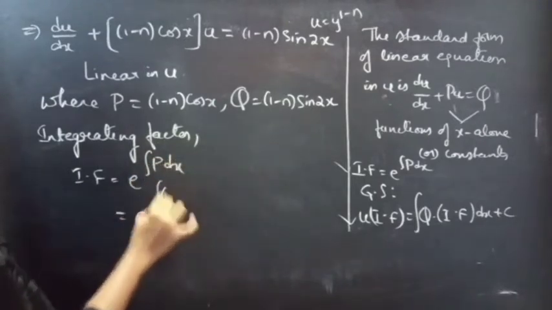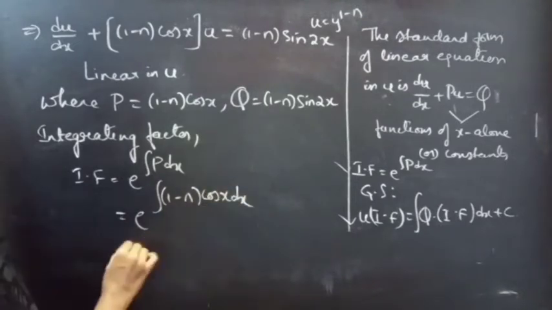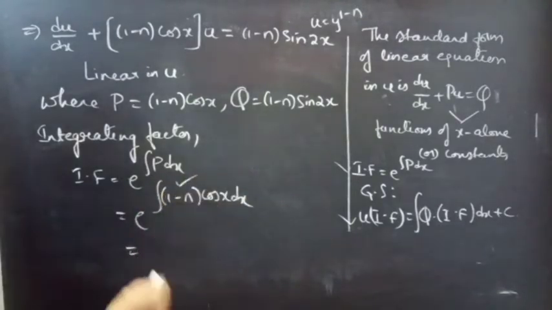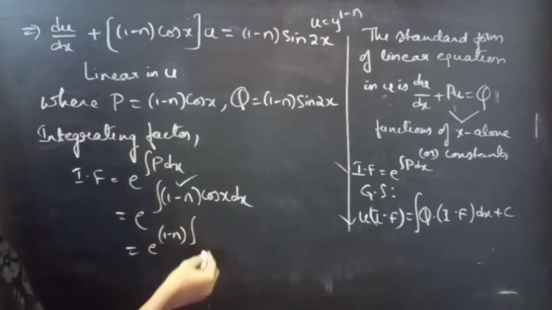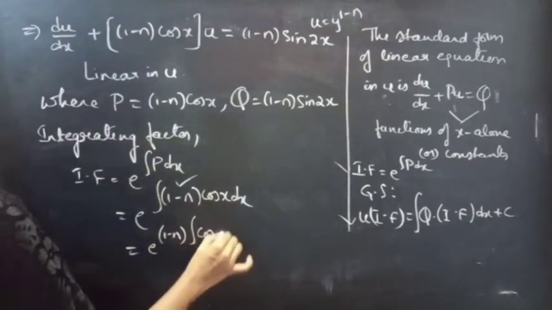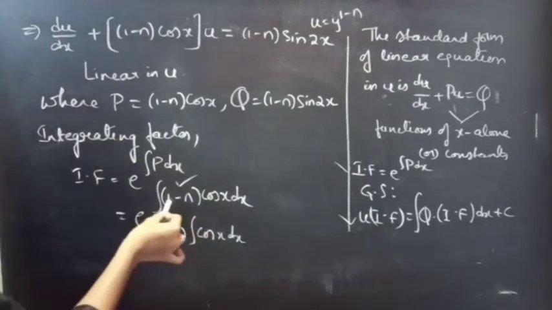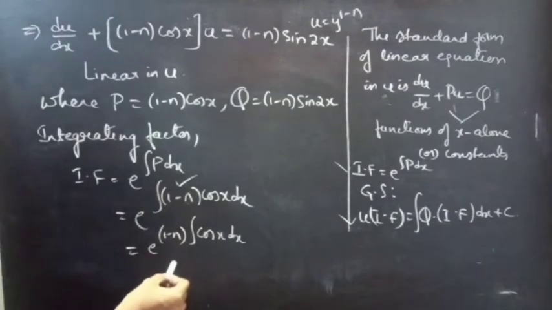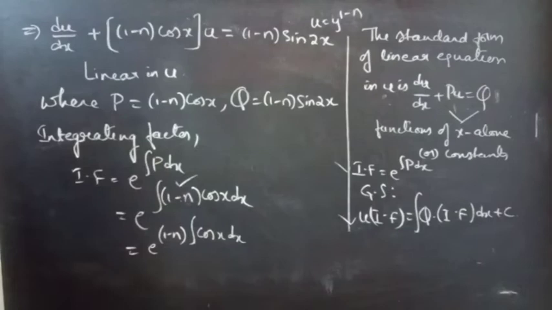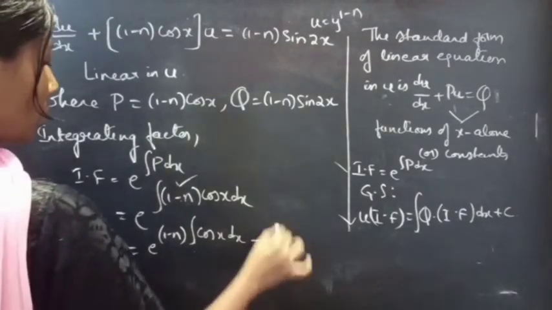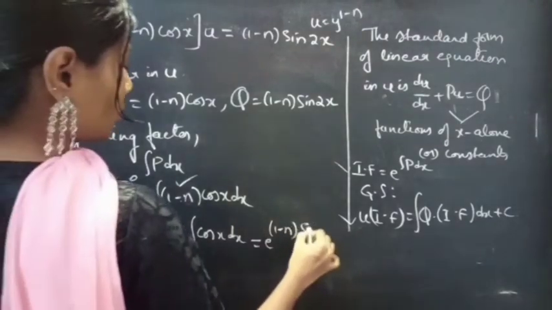For P, (1 − n) cos x dx. Here 1 − n is treated as a constant, so let's take it outside the integral: e^((1 − n)∫cos x dx). See, here n is a real number and 1 is also a number, right? So 1 − n is treated as a constant. This equals e^((1 − n) sin x), since the integral of cos x is sin x.